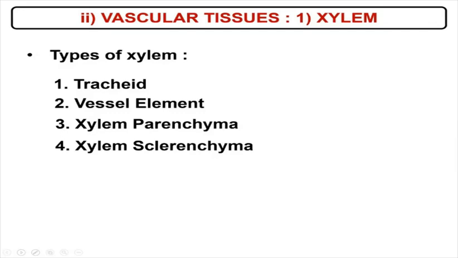Nanti awak akan belajar jugalah, ada juga jenis pokok yang tak ada salah satu. Tapi dia masih lagi boleh jadi pokok. Cuma sekarang ni you kena ingat xylem ada 4: trachea, vessel element, parenchyma dan juga sclerenchyma.